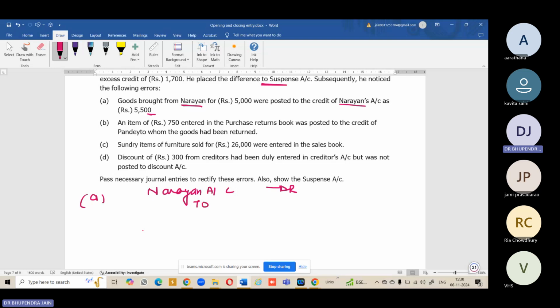Narayan account debit to suspense account. How much? Only 500. We should have credited Narayan account with rupees 5,000, but we wrongly credited the Narayan account with rupees 5,500. Matlab more by rupees 500. So we just have to adjust the Narayan account by rupees kitna beta? 500. So the entry is Narayan account debit to suspense account, 500.